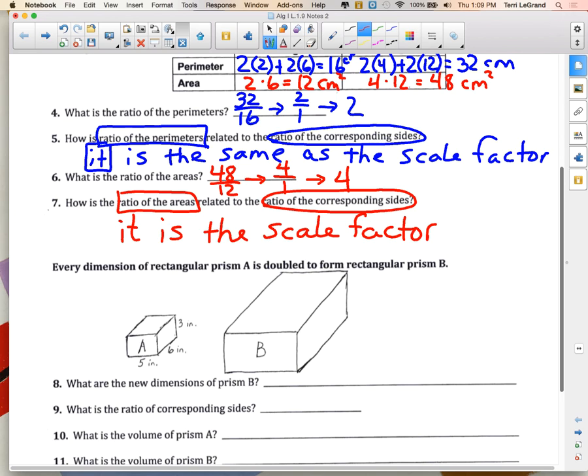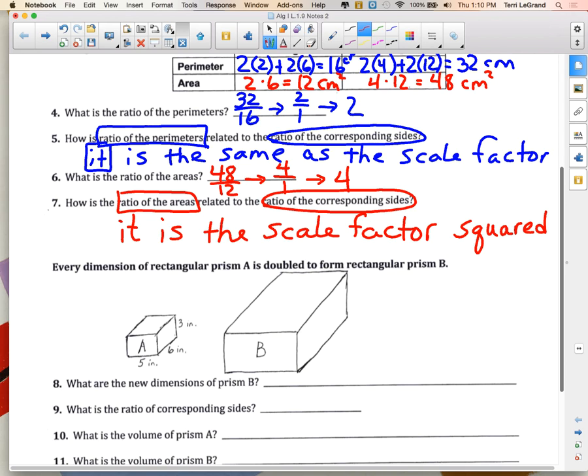We're not going to say times 2. We're going to say squared, times itself. 2 times 2 is 4. 2 squared is 4. So that's how we're going to say it. It is the scale factor squared.